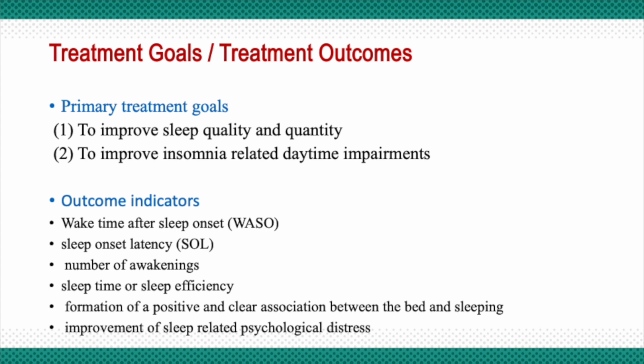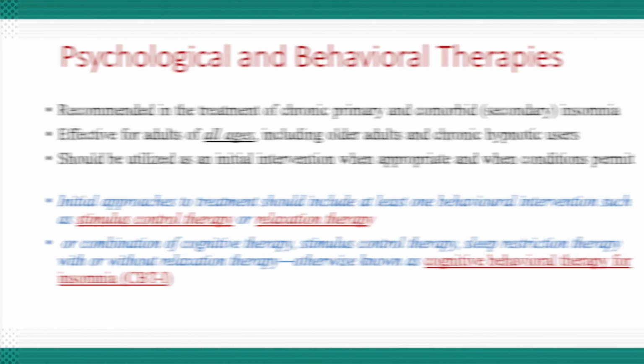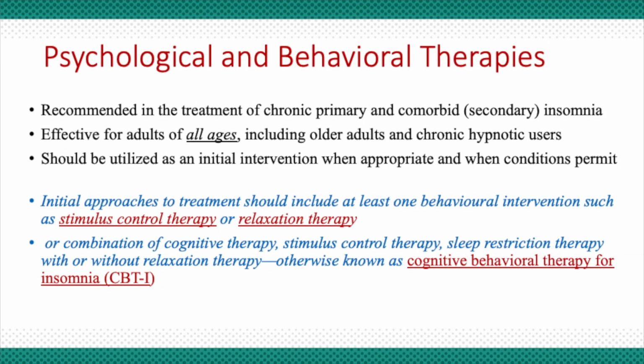The most important treatment for that aspect is behavioral therapies or psychological therapies, and they are very effective and they are recommended in all age groups. They should always be used as an initial intervention. So if you are trying to use any other intervention, even a pharmacological therapy, you must involve psychological therapy by getting in touch with your psychologist.